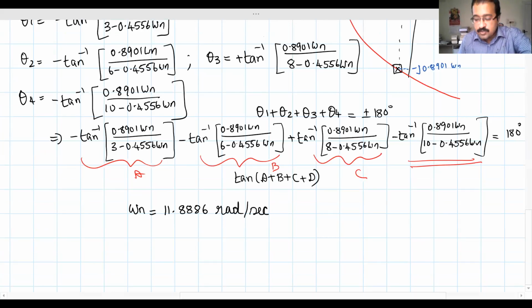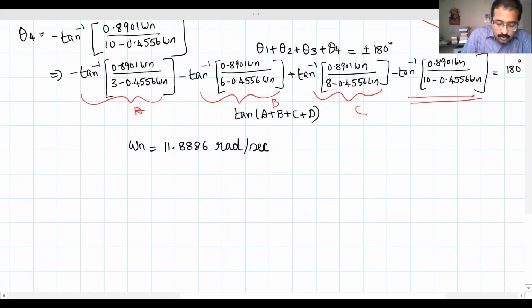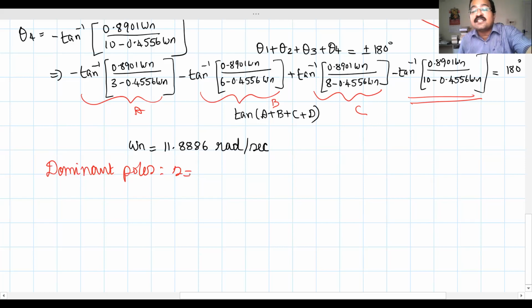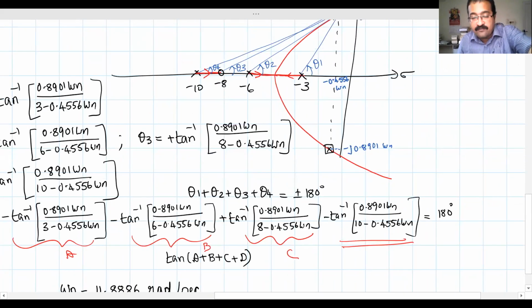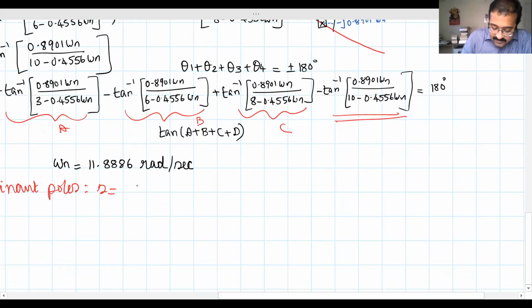Now you can substitute your values here. Our dominant poles were unknown to us. Zeta value we know is 0.4556. So we write the expression minus zeta omega n plus minus j omega n into root of 1 minus zeta square.